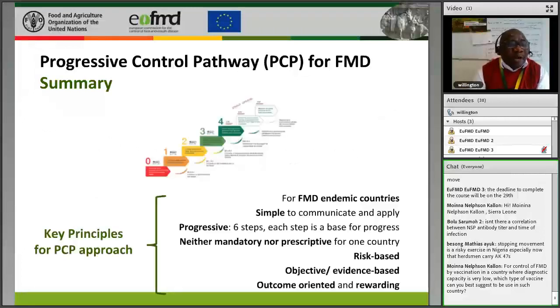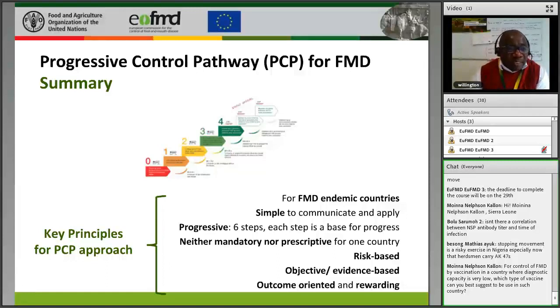This approach was designed by EU FMD in 2008 jointly with FAO and OIE, and I've been using this since 2011, so this is about 15 years. It's a global control tool which is used by countries.